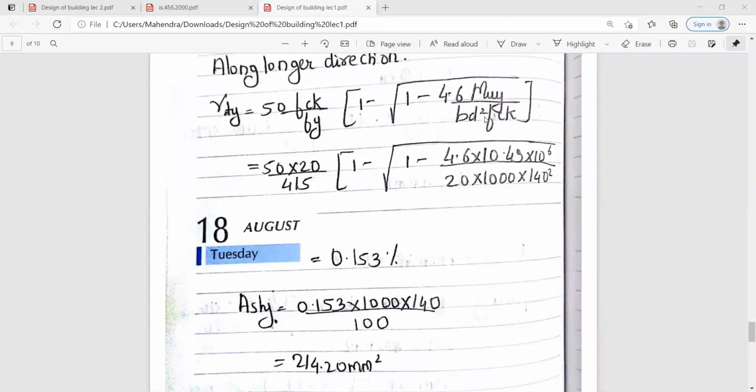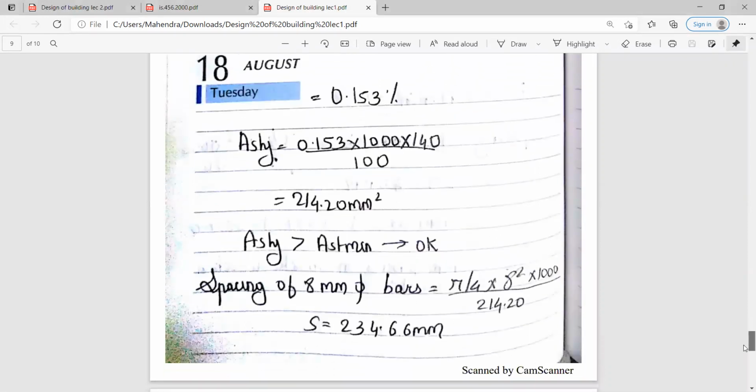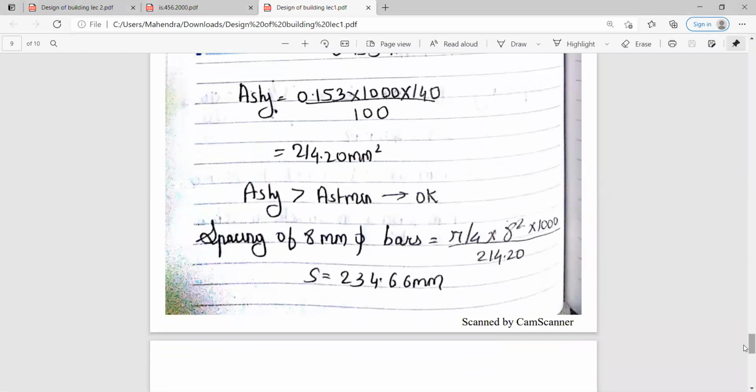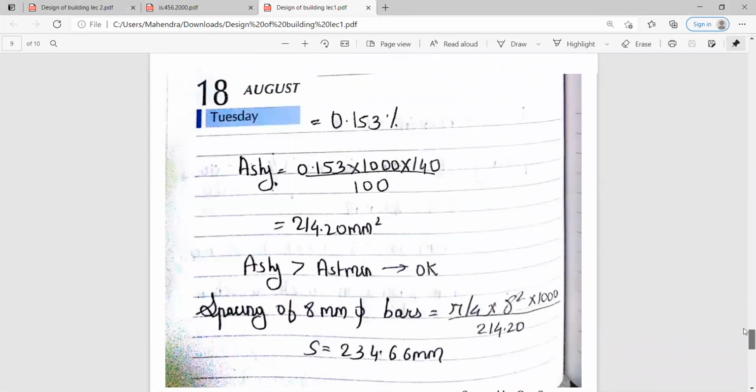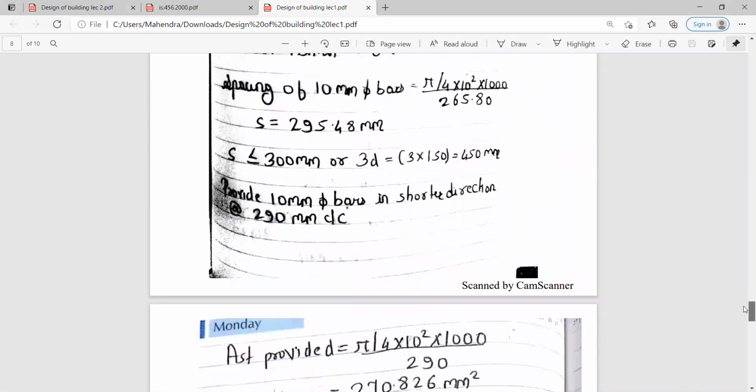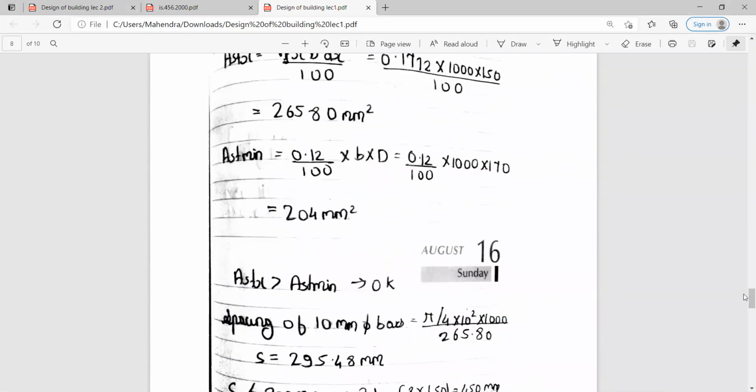Okay. So after calculation of ASD, you need to calculate ASD minimum. ASDY should be greater than ASD minimum. Already in yesterday's sum, you had calculated ASD minimum. So how much ASD minimum had you got?